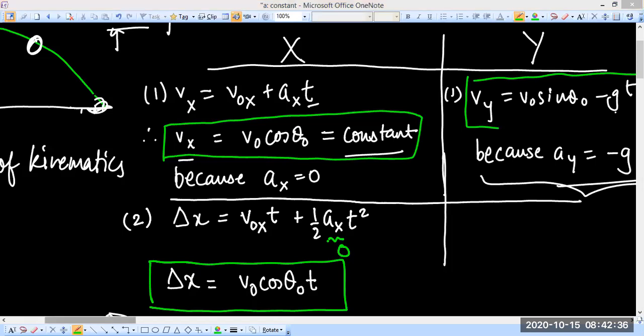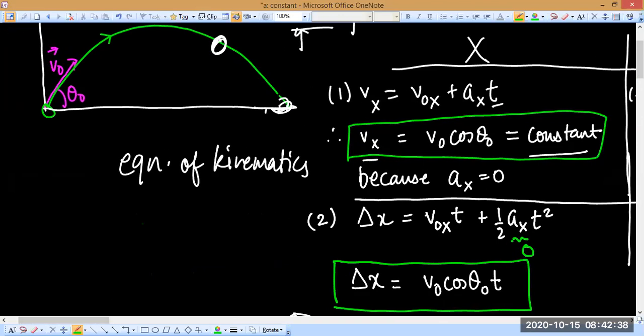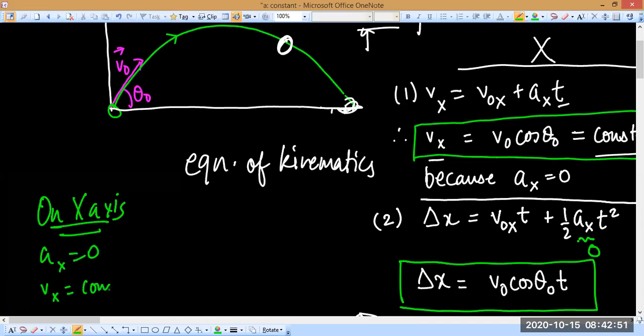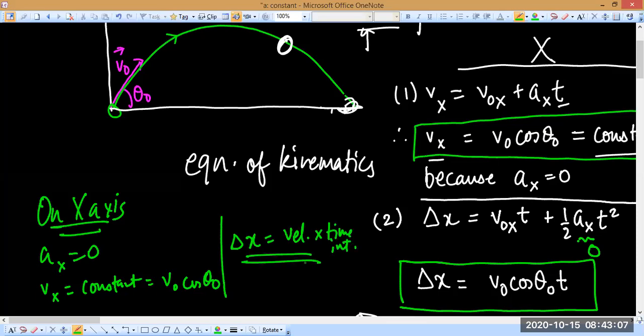Now see, actually this is very easy to understand in a slightly different way also. Do you see that on the x-axis, or x components, there is no acceleration? So the velocity's x component is constant and it is equal to v0 cos theta 0. If velocity is constant, you can easily find displacement as simply velocity into time interval. I hope that makes sense. This is very easy stuff, isn't it?